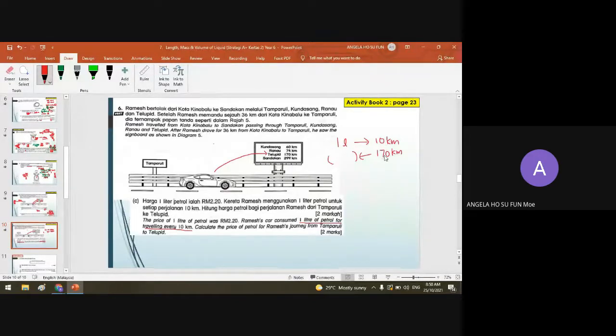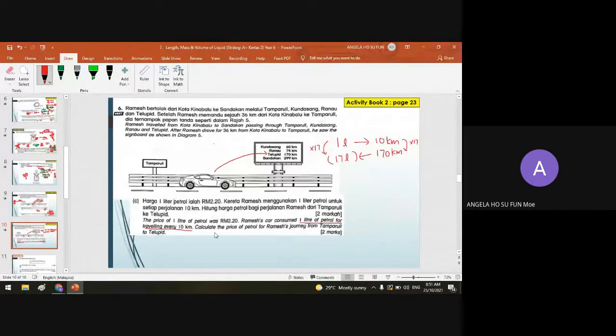You get 17. 10 times 17, very good. So I know 17 times 10, I get 170. Same like here, 1 times 17, I will get 17 liter. So it means that I need to use 17 liter of petrol to travel from Tampaluri to Tulupit.